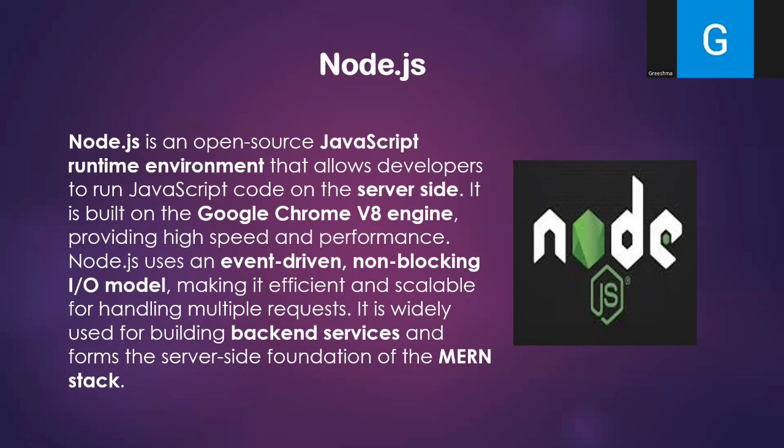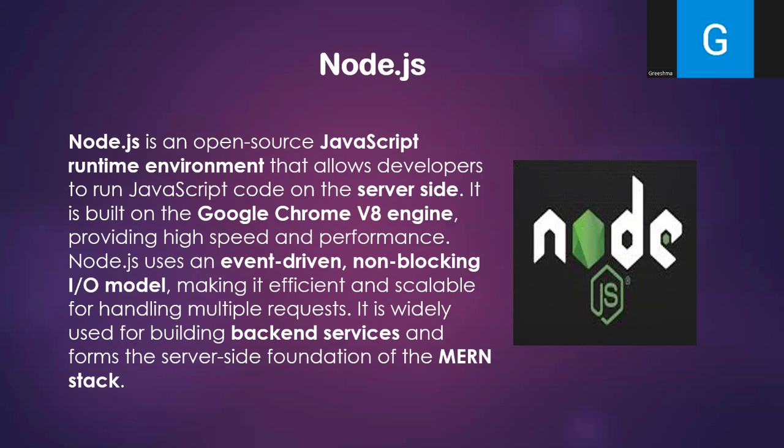Node.js uses a non-blocking, event-driven architecture, allowing it to handle multiple requests at the same time, which is ideal for real-time web applications. In our project, Node.js serves as the foundation, running the backend server and linking MongoDB, Express, and React together.